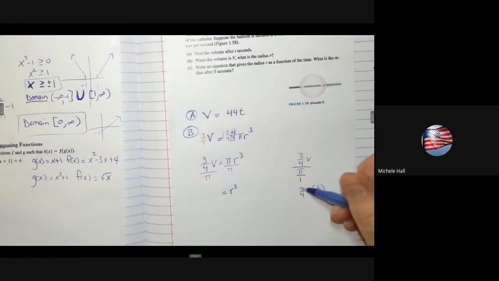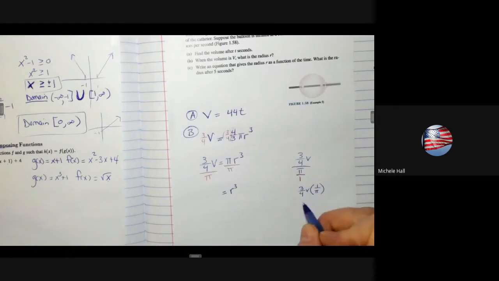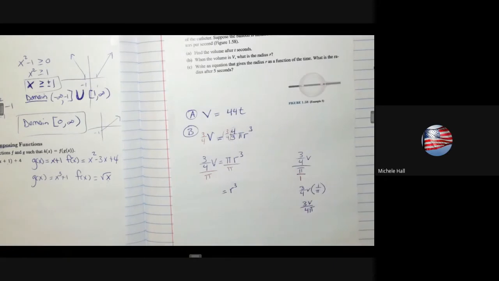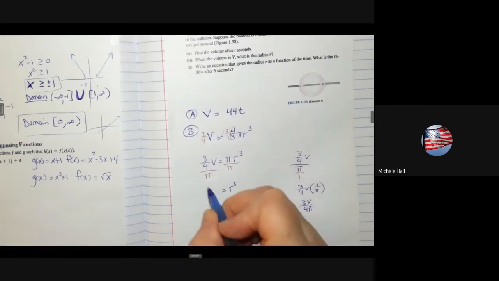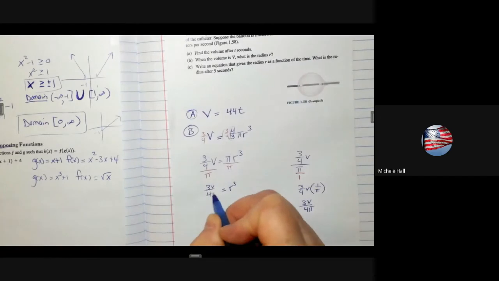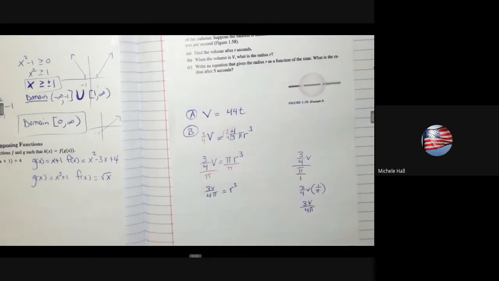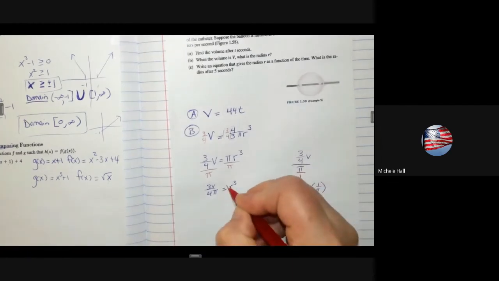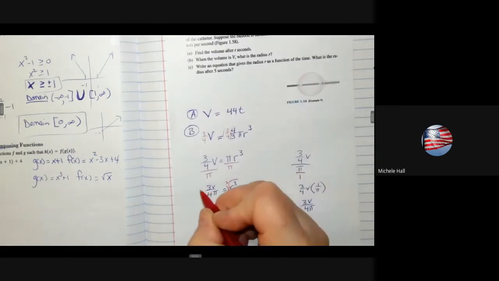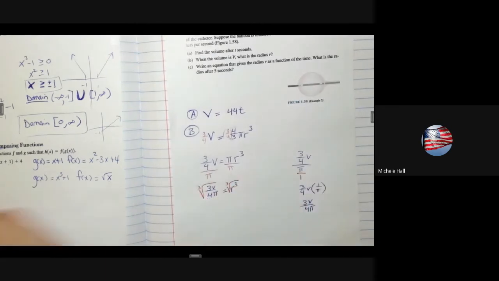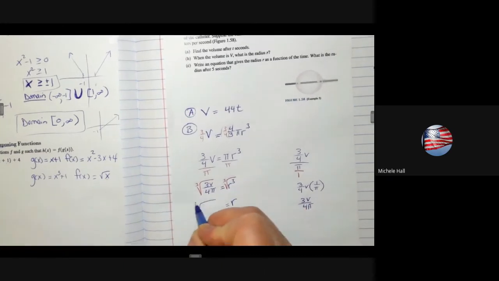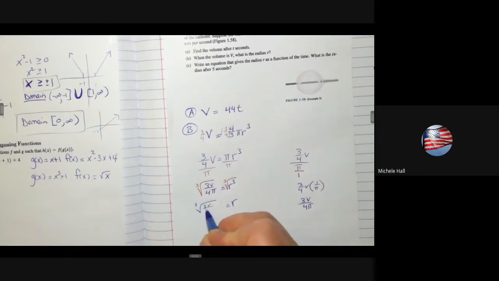So that would be 3 times V times 1 and 4 times pi. So that'd be 3V over 4 pi. And then the last thing to do would be to undo the cubic. So that would be the cube root. We get R equals the cube root of 3V over 4 pi.